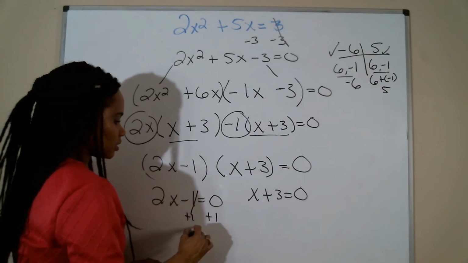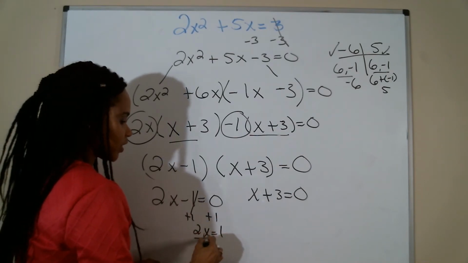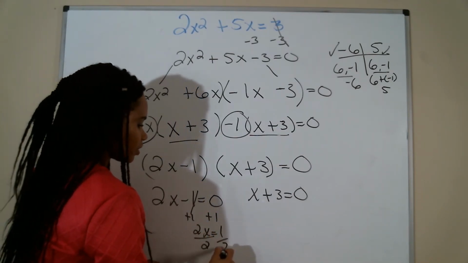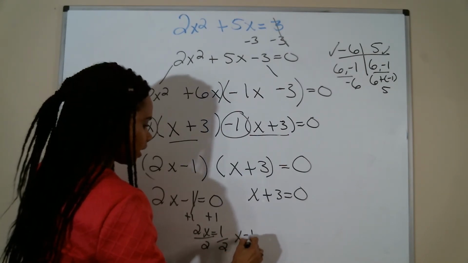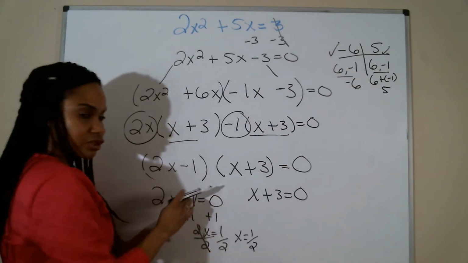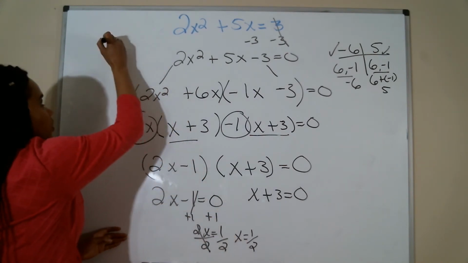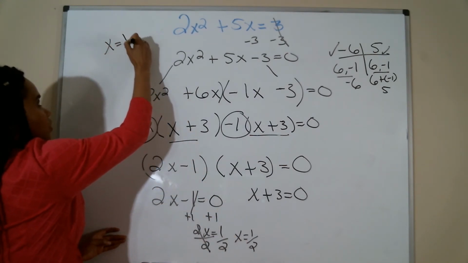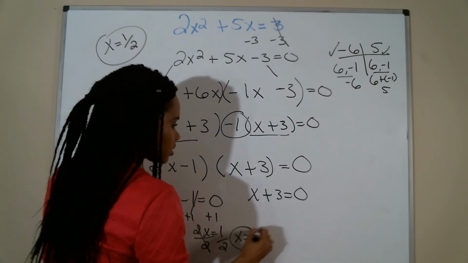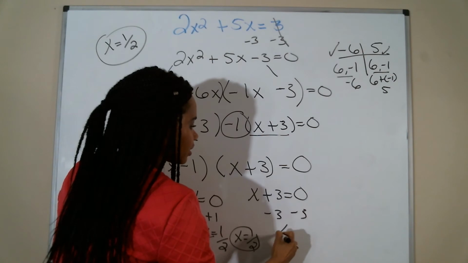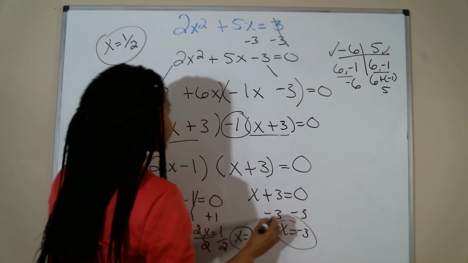Add 1, 2x equals 1, divide by 2. X is equal to 1/2. So one of my answers is x is equal to 1/2. The other is just a one-step equation. Subtracting 3, x is equal to negative 3.